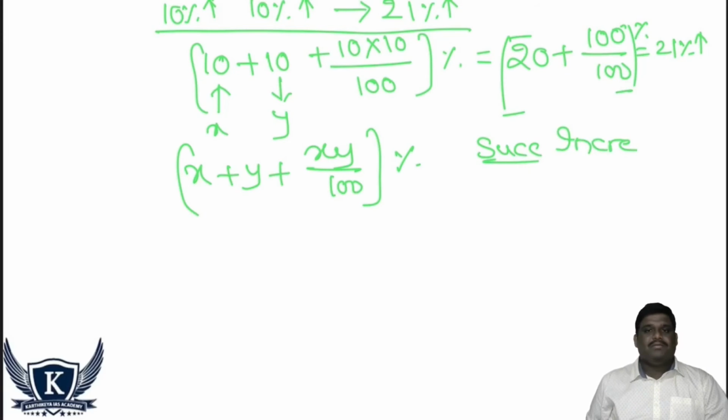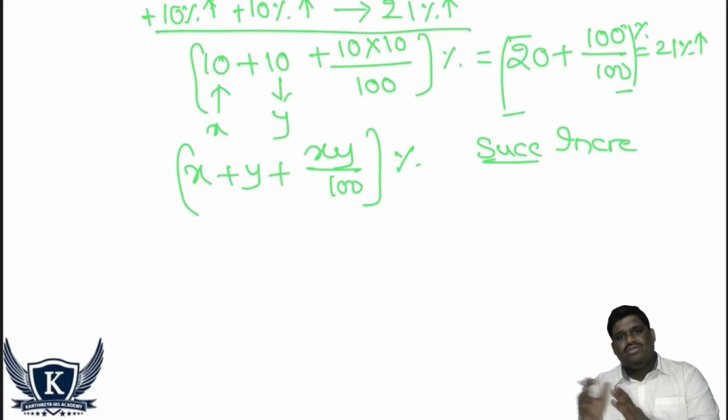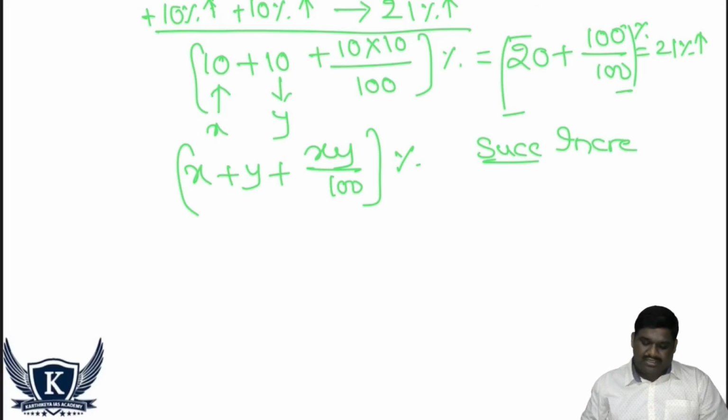If we observe carefully, here it is increased, so we take the symbol as plus. Here also it is increased, so plus. So overall it is always increased. If the item increases two times, overall it will record an increment only. There is no chance of decrement.